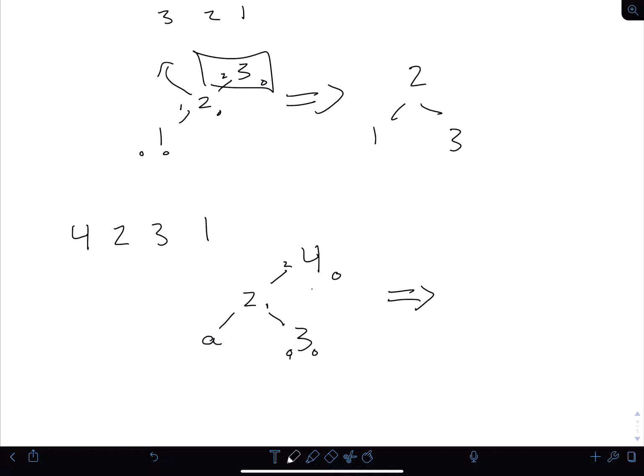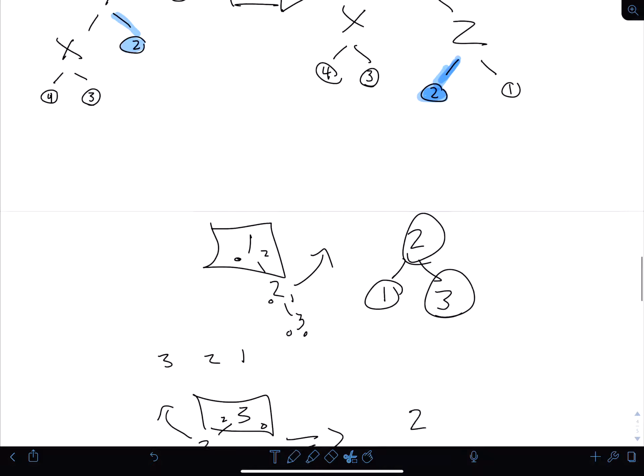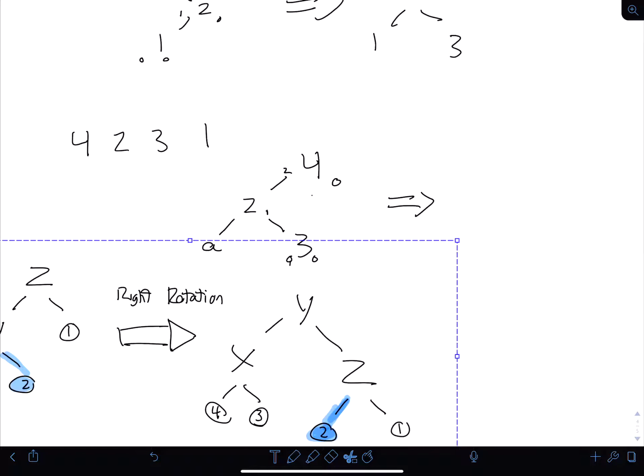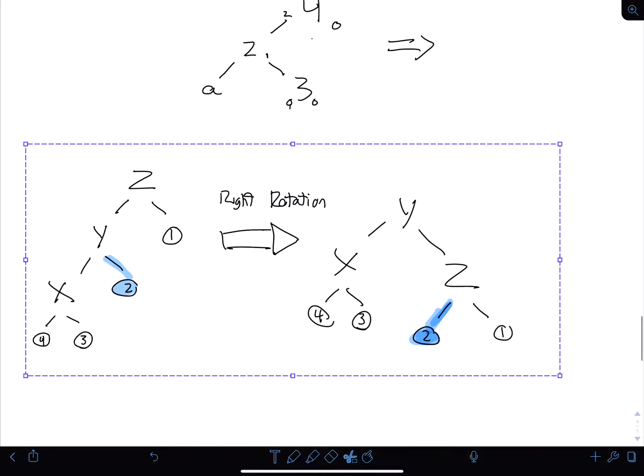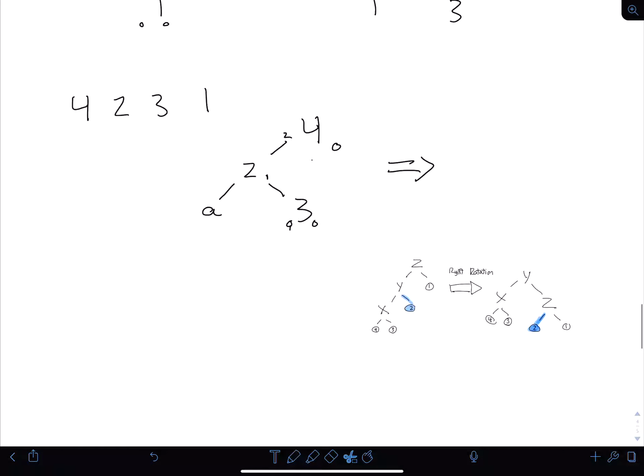So if I look at the algorithm for that rotation, it says that 2 should be my new root. The 4 should be the right child of 2. And then the A is basically the X in this case, which is of course not a real node, but we're going to put it in anyways like that.